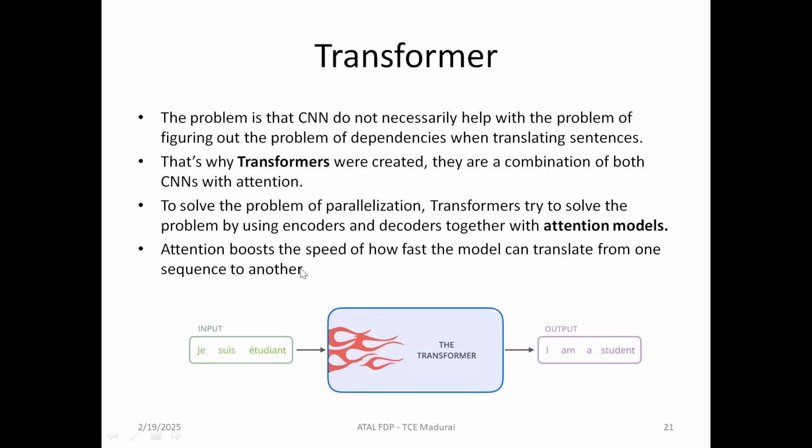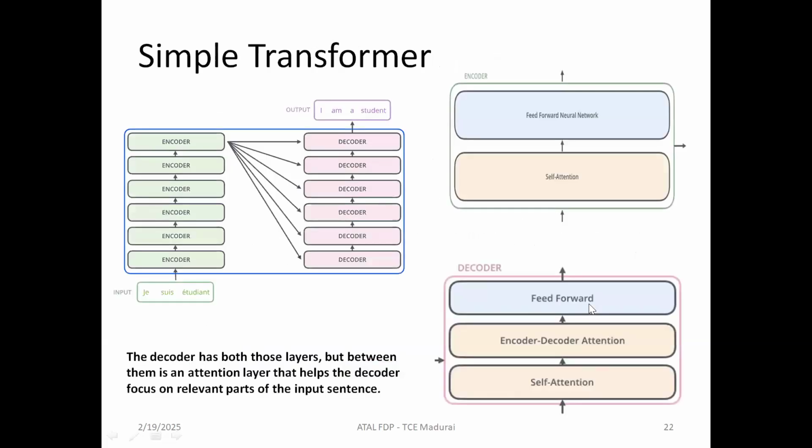This attention boosts the speed of how fast the model can translate from one sequence to another. Here you can see the language is given in Japanese and your transformer converts it into English as output. We will see the role behind the encoder and decoder, as well as the key components present in the encoder as well as the decoder.